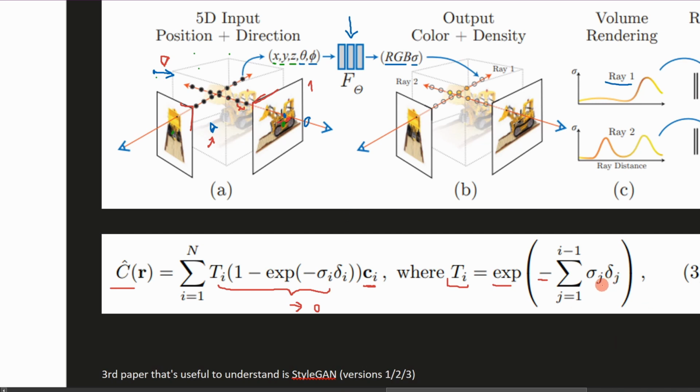You can see that as sigma goes up, meaning we're entering the bulldozer, this sum is going to be bigger and bigger, and because we have a minus sign in the exponential, this basically means the term is going to converge to 0, and that's what I just explained. So hopefully that makes a bit more sense how NeRF works.